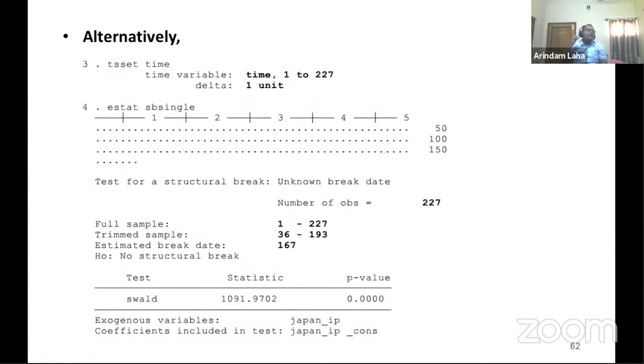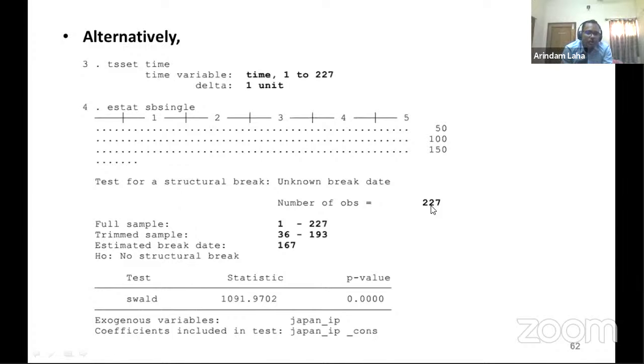Now, alternatively, there is a very simple command. If the break date is not known, then you have to employ the modified Chow test. We have considered a data set for Japan industrial production and US GDP. I have already given it to you: 227 observations, a long time period.